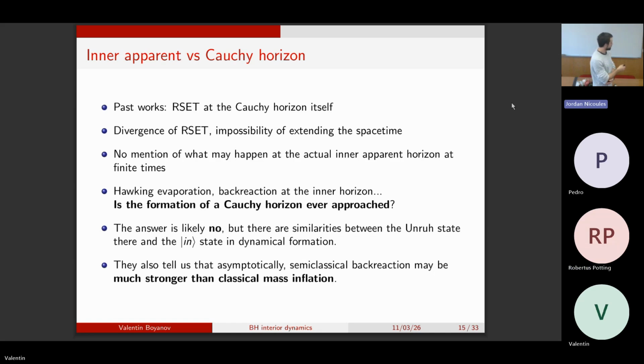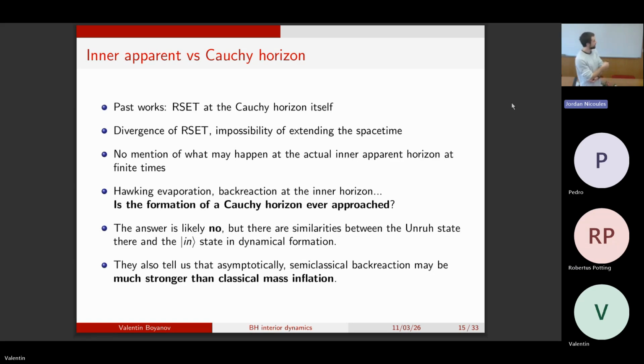But in these works, they don't address the question of what happens to the inner apparent horizon before it becomes a Cauchy horizon, and whether a Cauchy horizon is ever even approached, whether the formation is something that should be considered, given that it's known that within the same theory, the outer horizon evaporates, that the black hole actually shrinks in time, maybe in a very long time, but still finite.